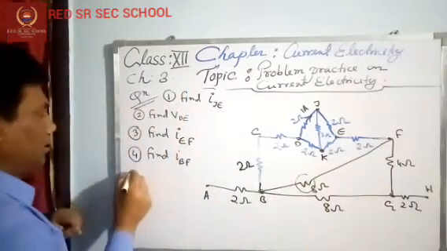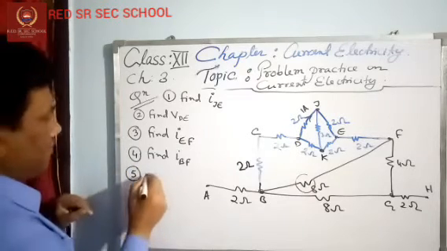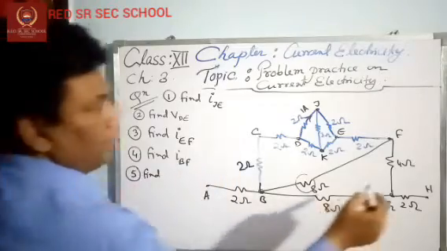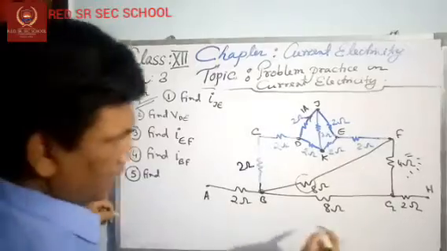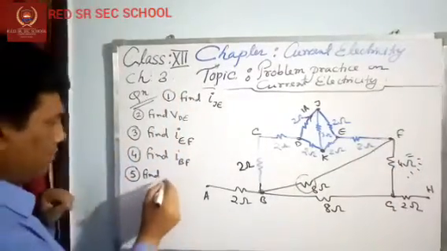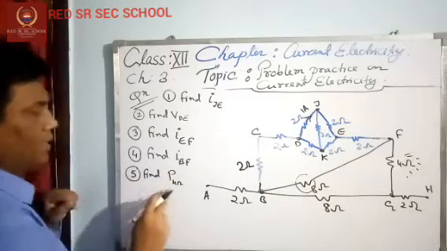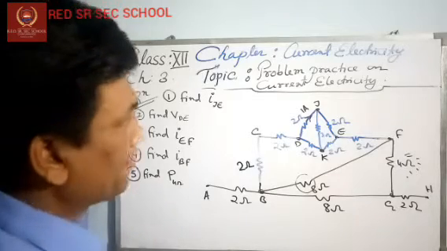A lot of questions can be asked. Question 5: find the power dissipated through this 4 ohm. I think only one 4 ohm is there, so you can directly write: find P at 4 ohm, power at 4 ohm.